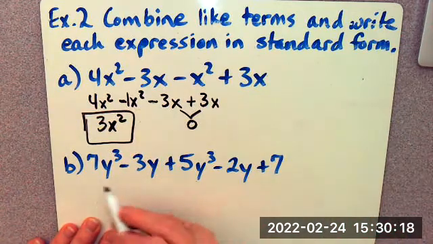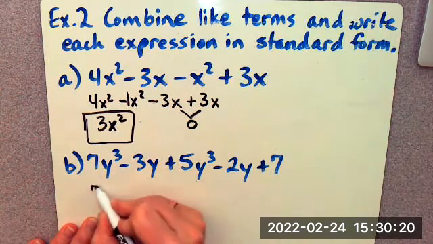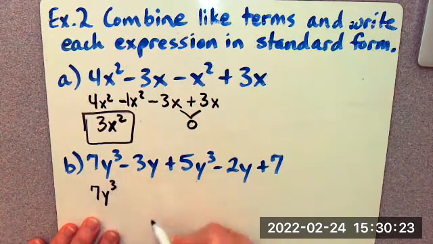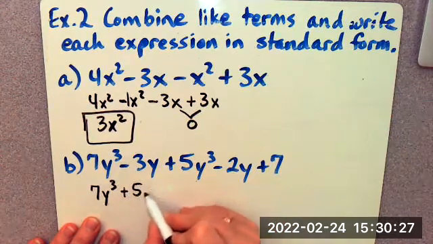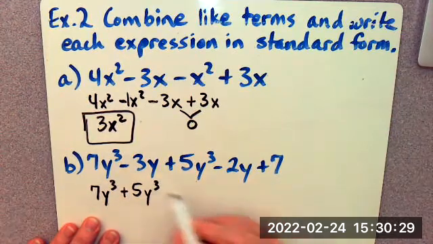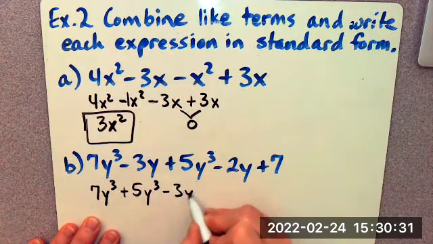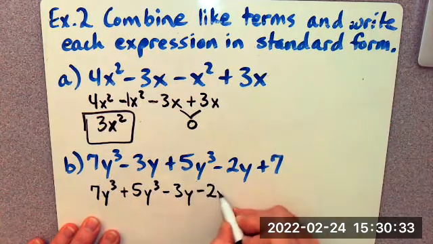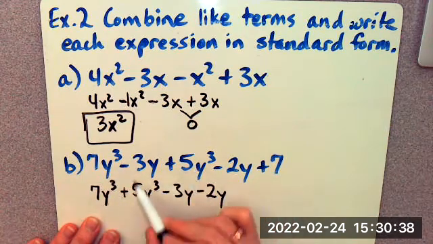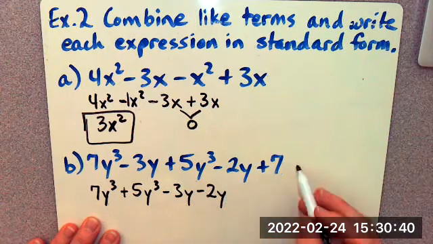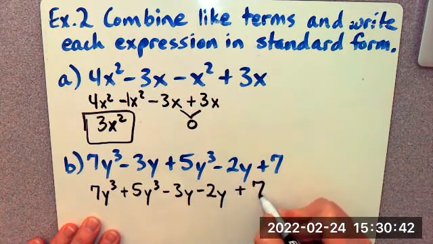All right, for this one, we see, okay, I have 7y cubed, and then I have a 5y cubed. So let's put that one next to it. Then I have minus 3y and minus 2y. And then I have plus 7.